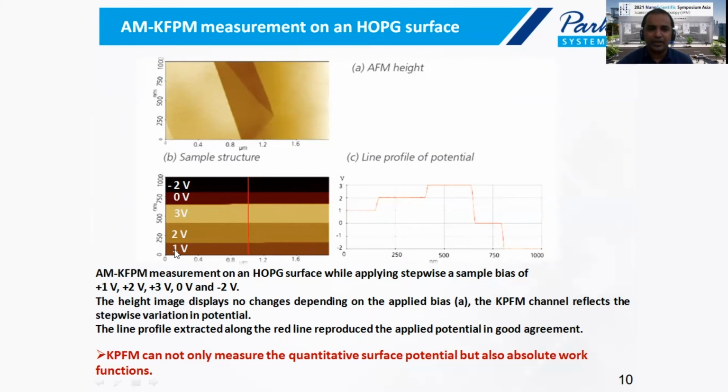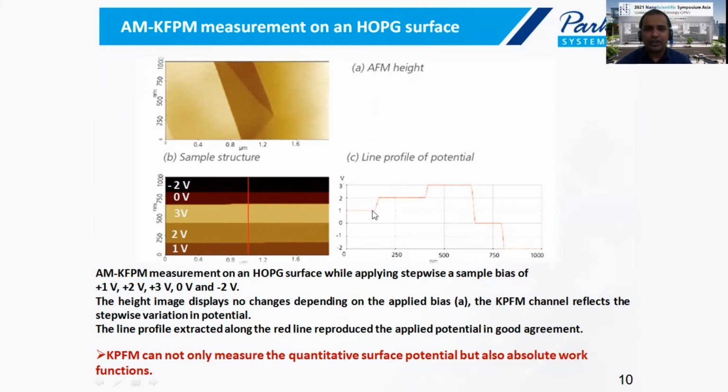Since initially we applied 1 volt to the sample, the KPM channel actually gave you that 1 volt, which is revealed in this line profile.